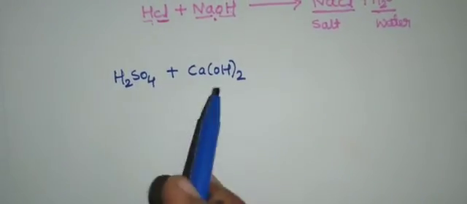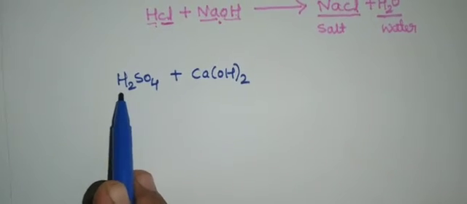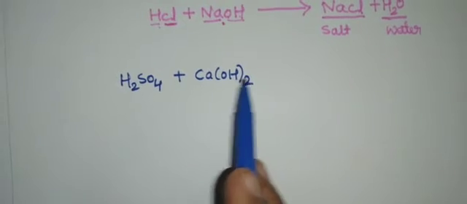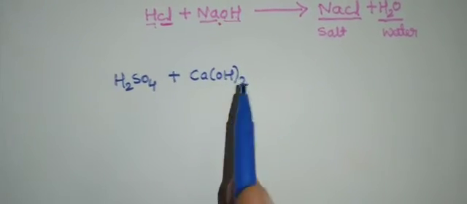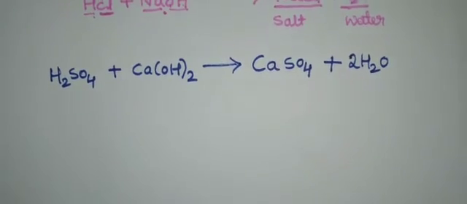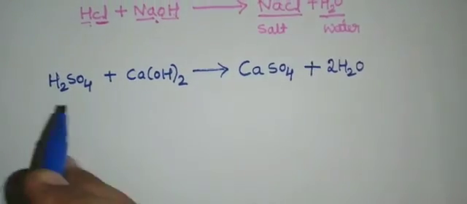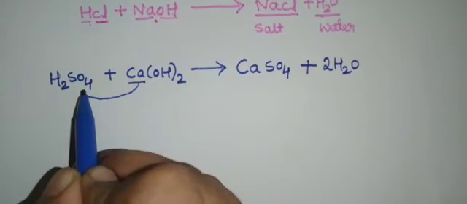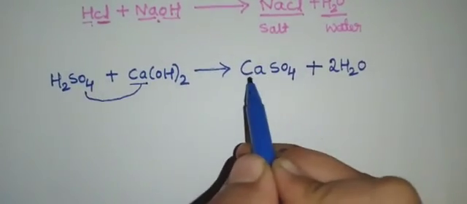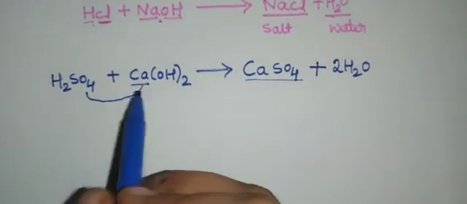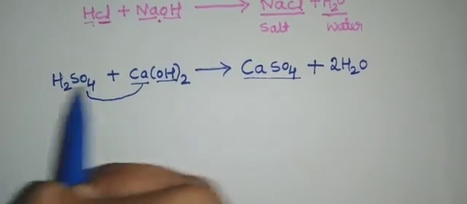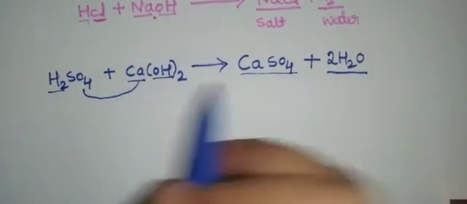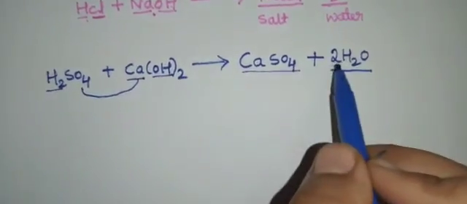This is the formula for sulfuric acid, H2SO4, and calcium hydroxide, nothing but lime water. So you get a reaction like this. The calcium will combine with sulfate to become calcium sulfate, and the OH twice and the H2 will form water. Actually this is a balanced equation.